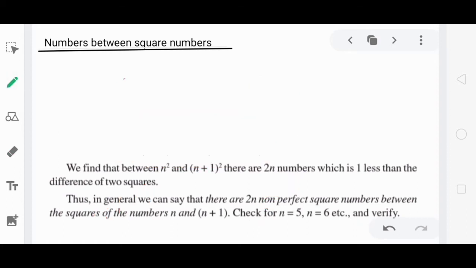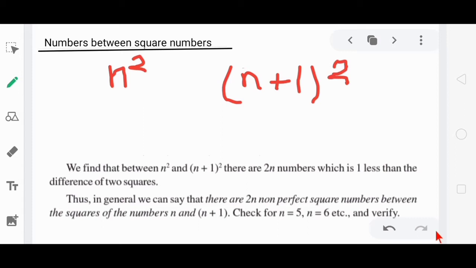If n square and n plus 1 square are two consecutive square numbers, the first number is n square and the second number is n plus 1 square. If n is a natural number, n plus 1 is the successor of this number.